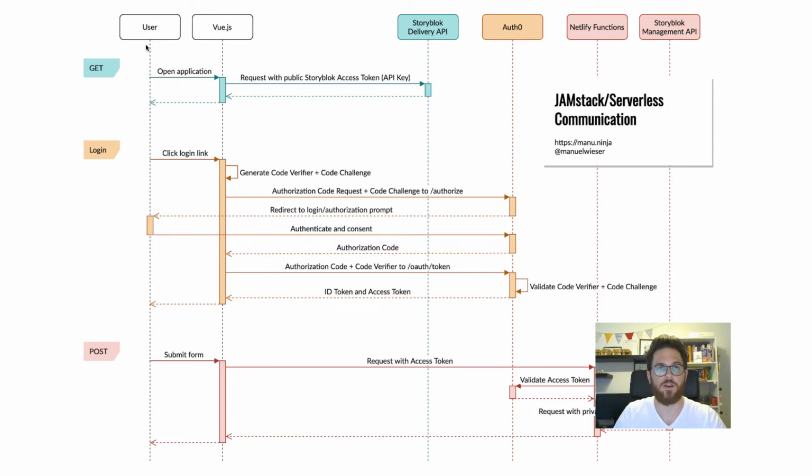Of course, you have a user, you have your application, that could be Vue.js, that could be React, whatever, and then you have your serverless services or your different APIs, whatever you might call it. So the blue part here already is a full JAMstack application.